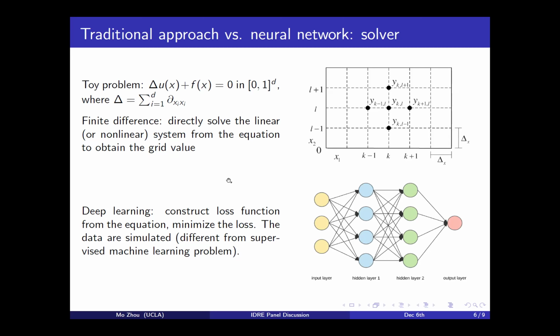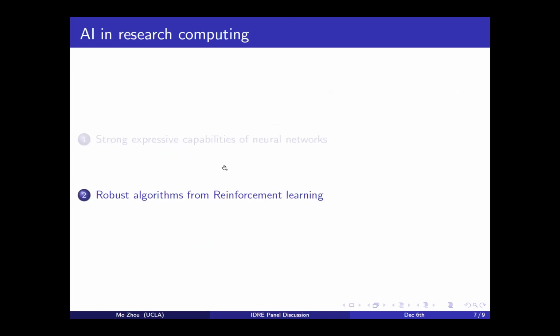For modern machine learning or AI methods, we usually construct a loss function and then minimize it. And this also incentivizes the development of different optimization techniques. And this is for the strong expressibility of the neural network.